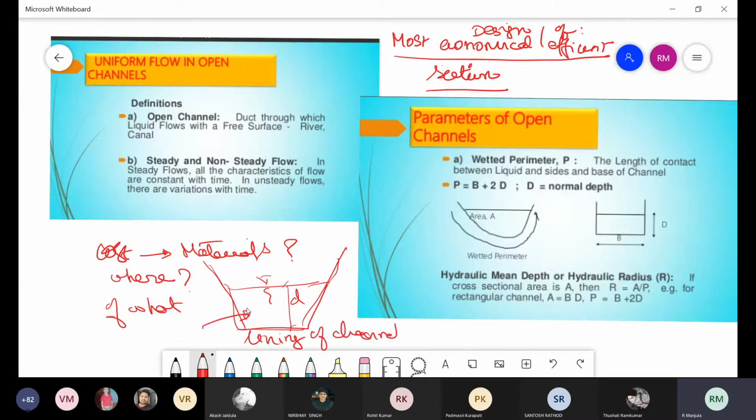Lining of channels. Lining of channel is nothing but making the channel lined, by means of cement, concrete, or stone pitchings, or bricks, whatever may be the material which you will be using.